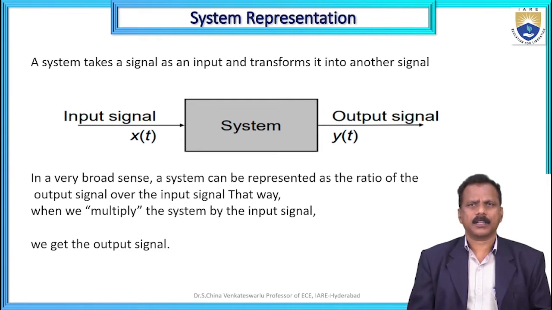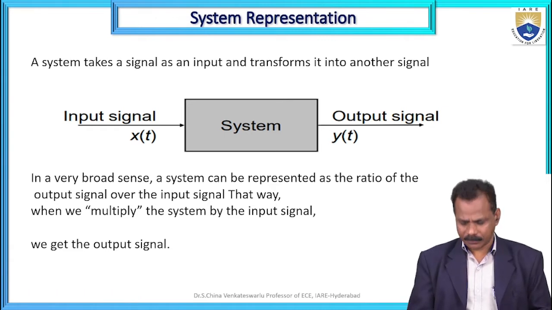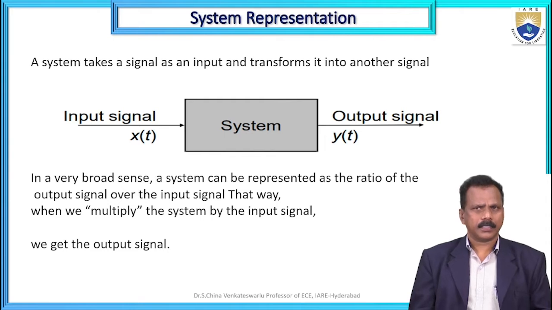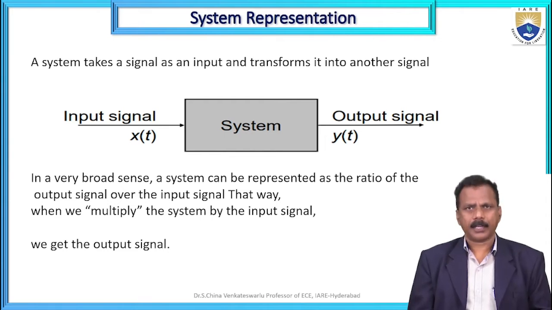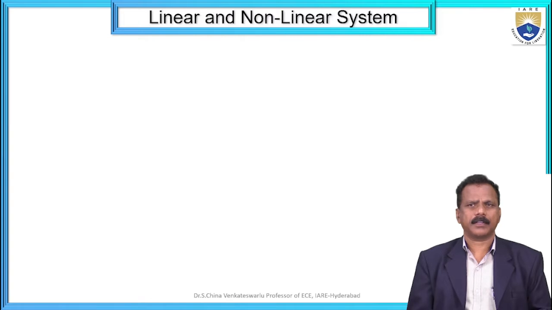Using the different systems, we expect the output signal, maybe y of t, y of n or y dash of n, the desired response. So the output response is y of t equal to f of x of t.